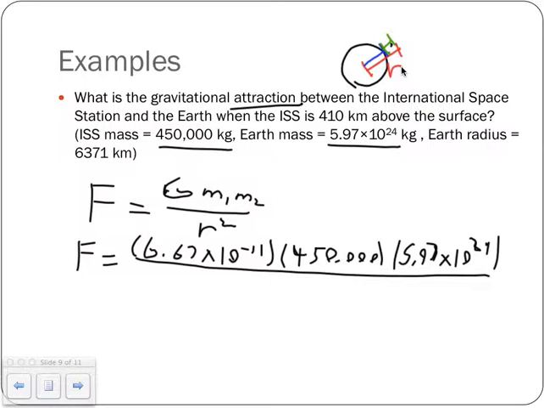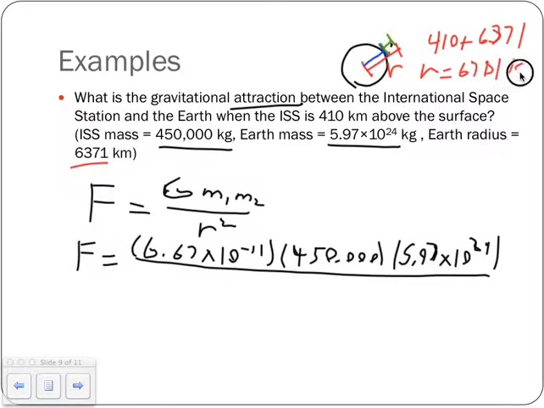And so adding these up, we know that the height above the surface is 410, plus the radius of the Earth is 6371.